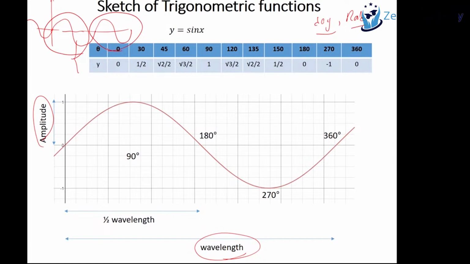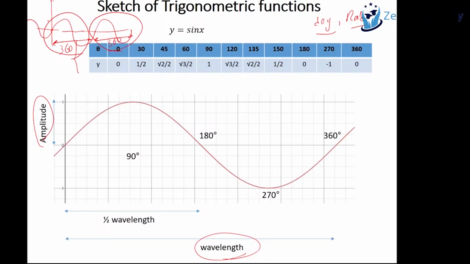So I'm dealing with this unit of sine or cosine with a wavelength of 360 degrees.